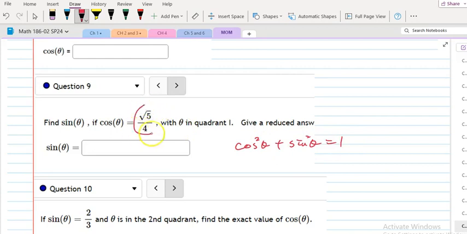Cosine is this one, right? So we will square it, plus sine squared theta is equal to 1. If I square it, it's actually equal to 5 over 16.